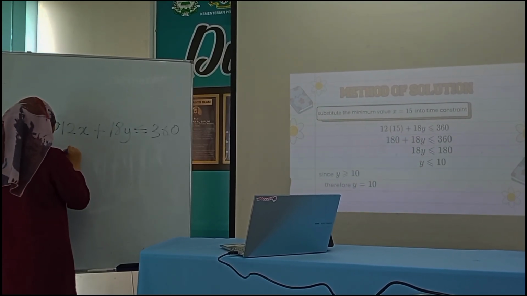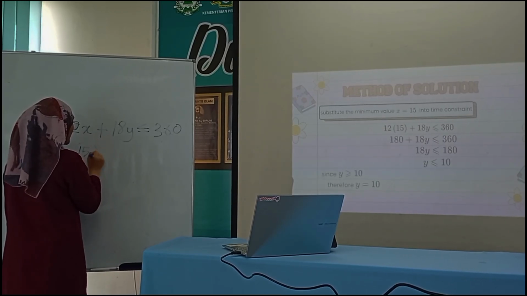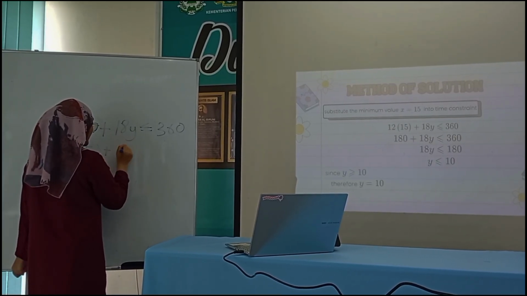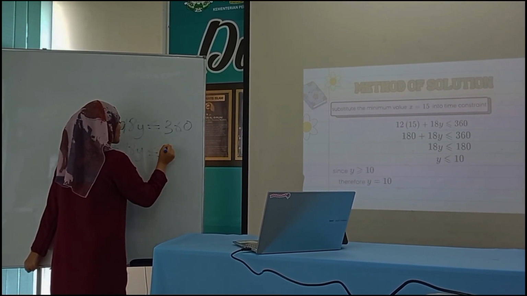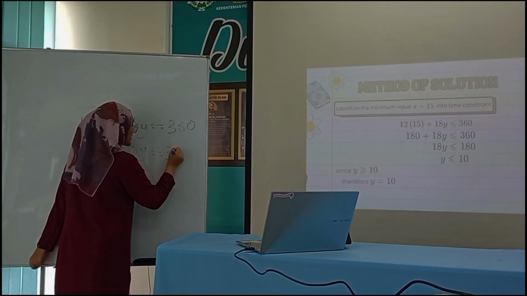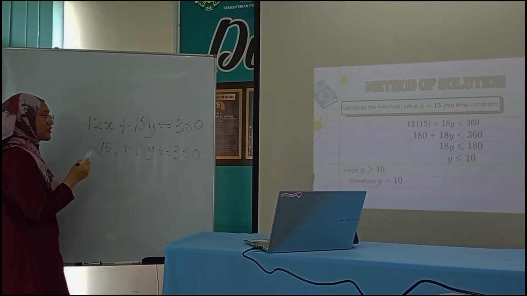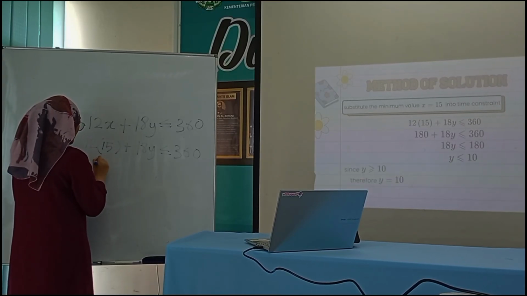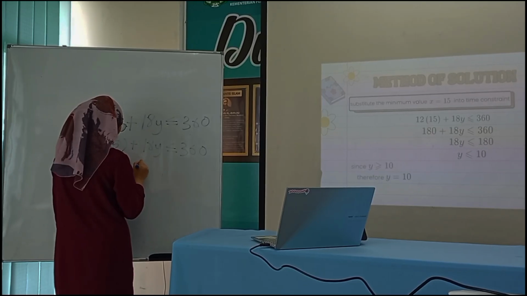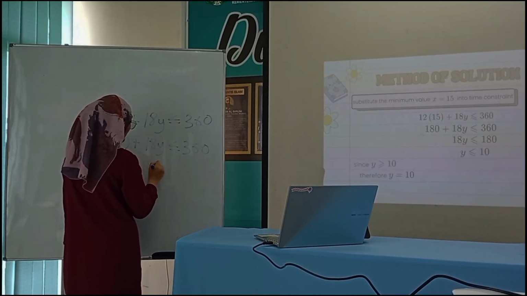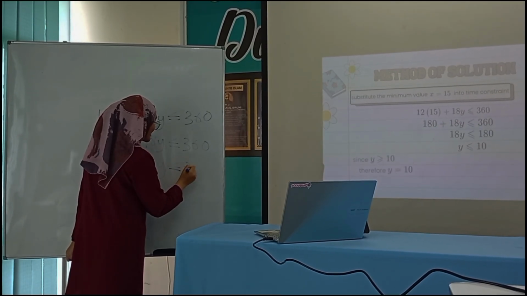So 12 in the bracket 15 plus 18y less than or equal to 360. We solve 12 multiplied by 15, we get 180 plus 18y less than or equal to 360.